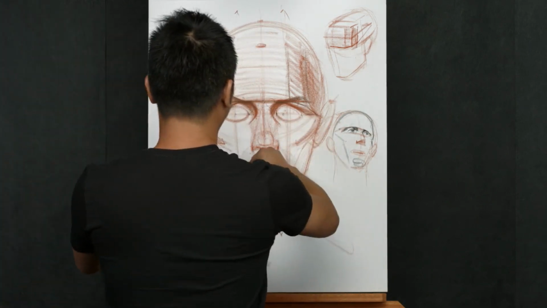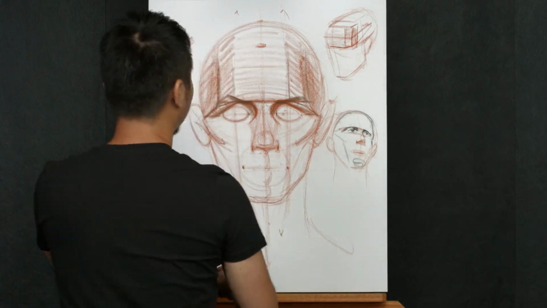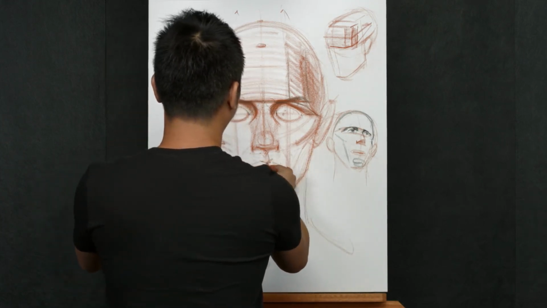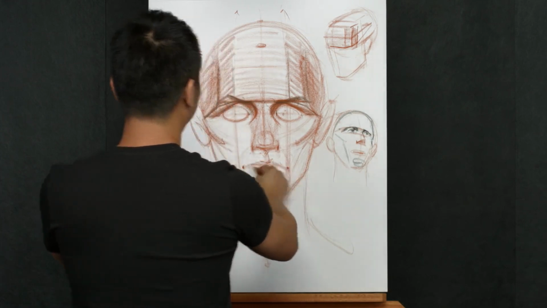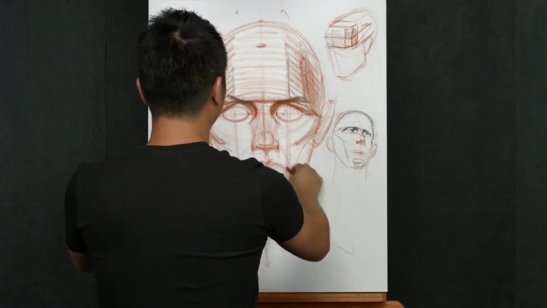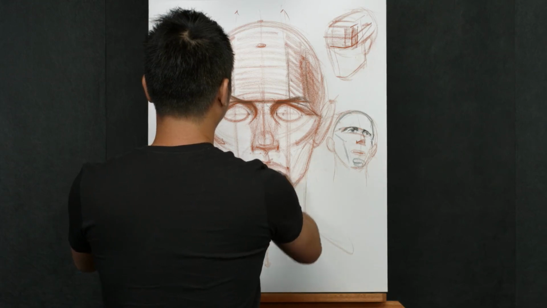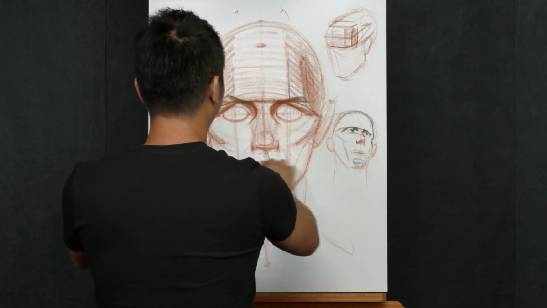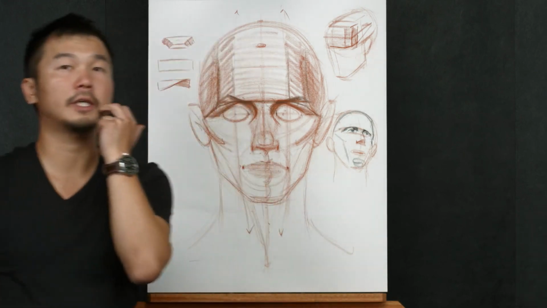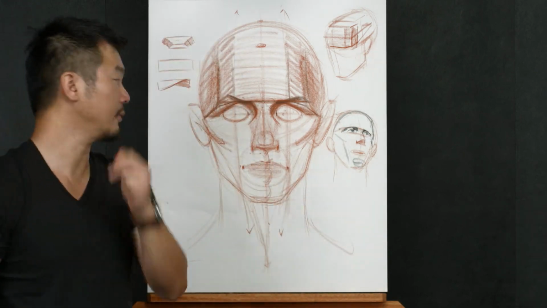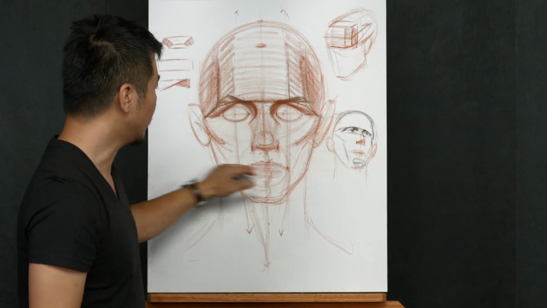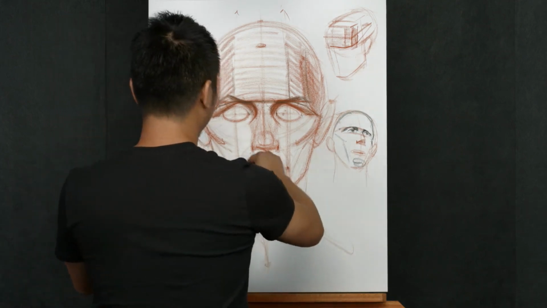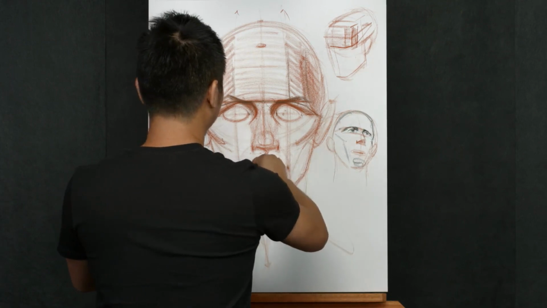So here's going to be the corner of my lips. For the crease between the lips, usually you can indicate it with a line, but you don't want to draw it flat and straight like this, otherwise it flattens the barrel. So I usually like to arch it this way a little bit.